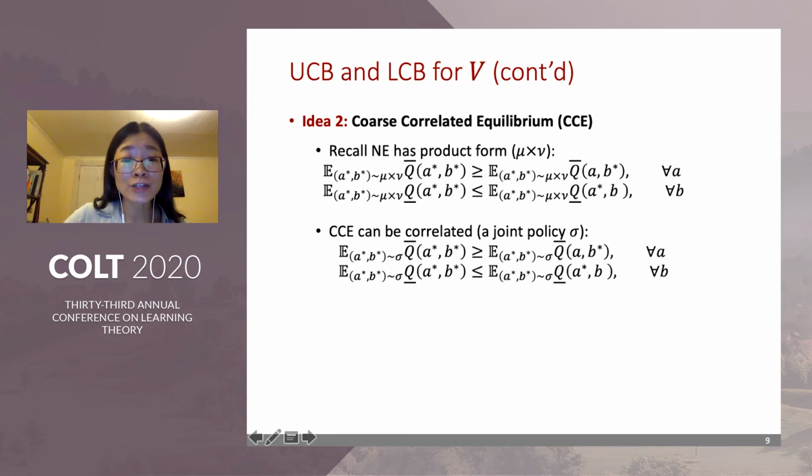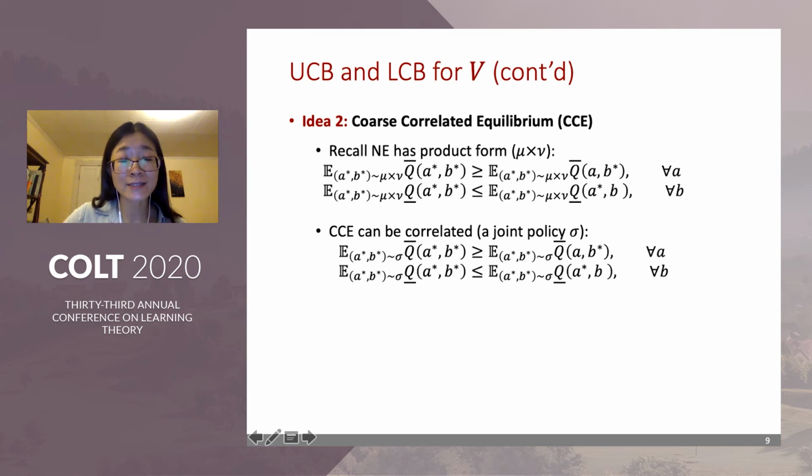Recall that a Nash equilibrium is a paired policy that satisfies these two conditions here. So for player 1, policy mu maximizes the expected payoff when player 2 plays the fixed policy nu, and similarly for player 2. The key here is that the NE should be in a product form. On the other hand, a CCE is a joint policy for both players that satisfies the same conditions as the NE.